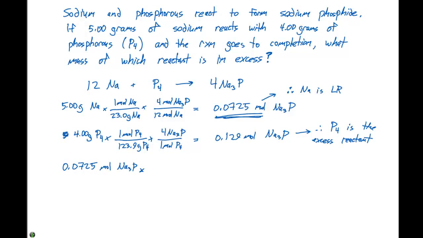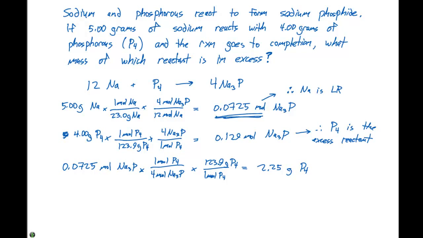For every 4 moles of Na3P, we have 1 mole of P4, and that comes from the balanced chemical equation. 1 mole of P4, if we look on the periodic table, is 123.9 grams, which gives us 2.25 grams of P4.